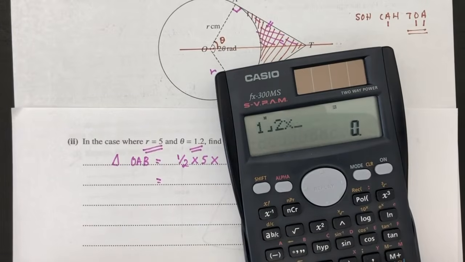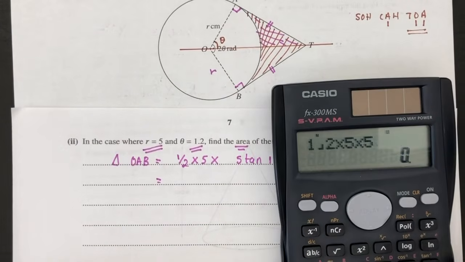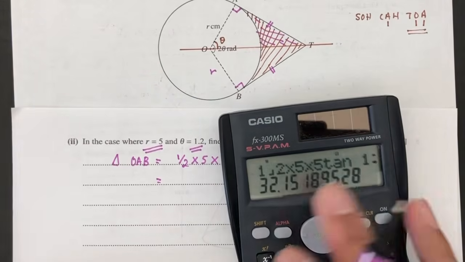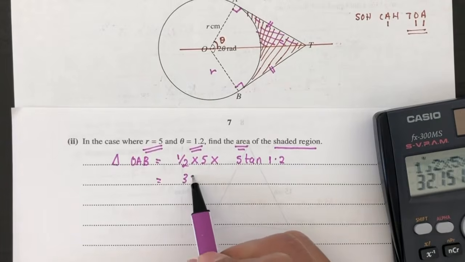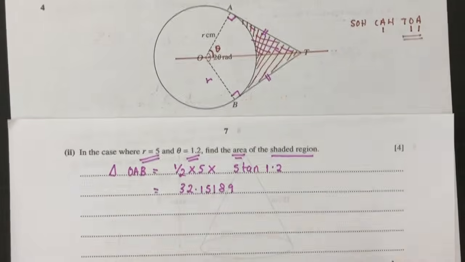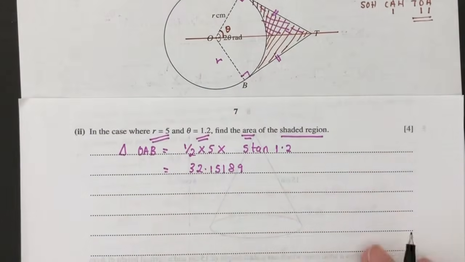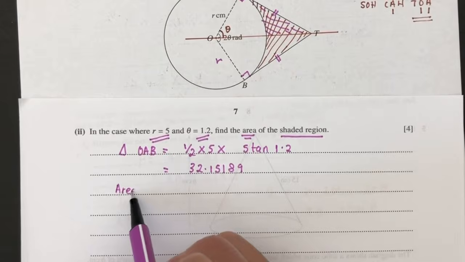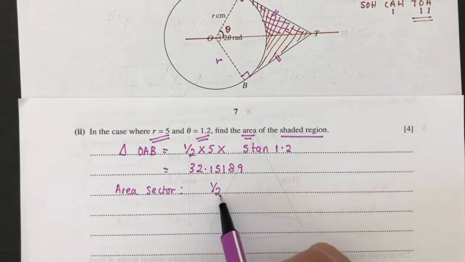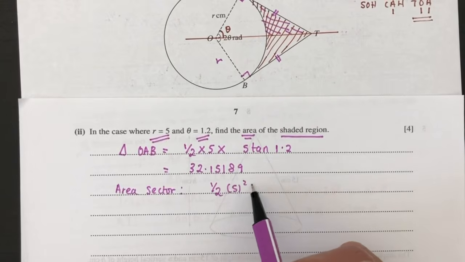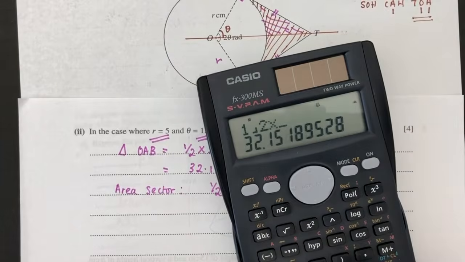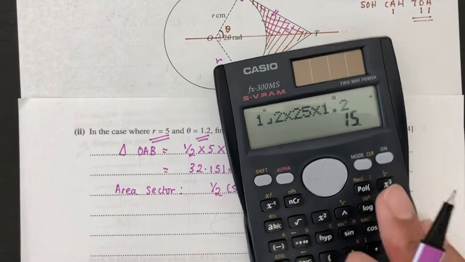So half times base times height. Make sure your calculator is in radian mode. That gives 32.15189. Now, how do you find the area of the sector? It is equal to half r squared theta, which is half times 5 squared times 1.2, half times 25 times 1.2, that will be 15.